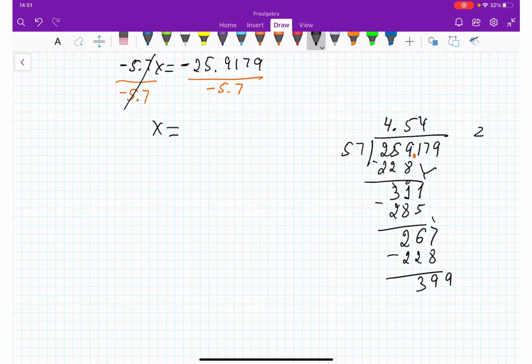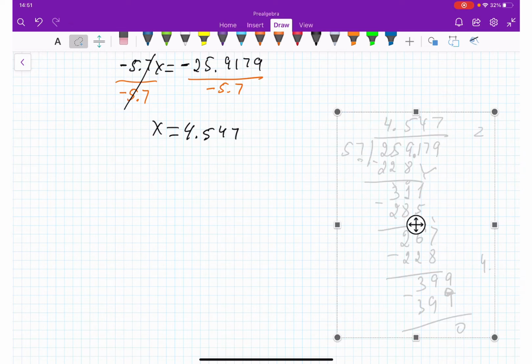Okay, so 5 times was 285, that means 6 times 7 is 42, doesn't fit. 7 times 7, 49, right? 4 in mind, 7 times 5, 35, and 4, 39. Very good, 0. So the answer is 4.547. Finally, kind of a long division.